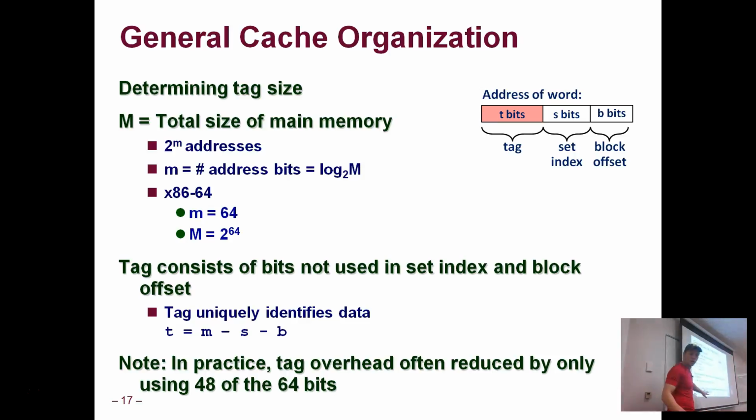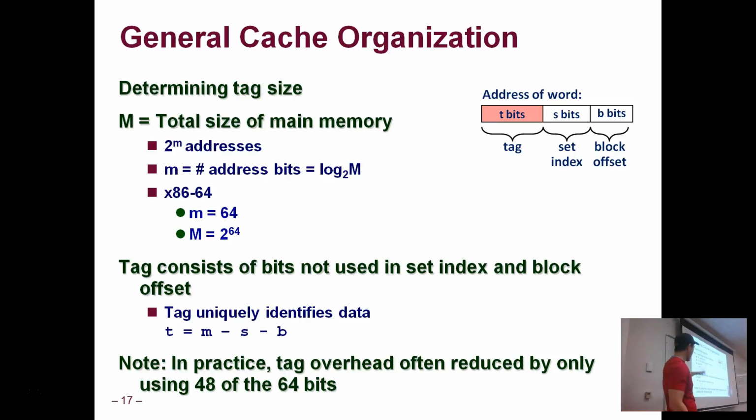So for a 64-bit architecture, you notice this is a huge address. And most machines don't have 2 to the 64 sort of size memory banks.